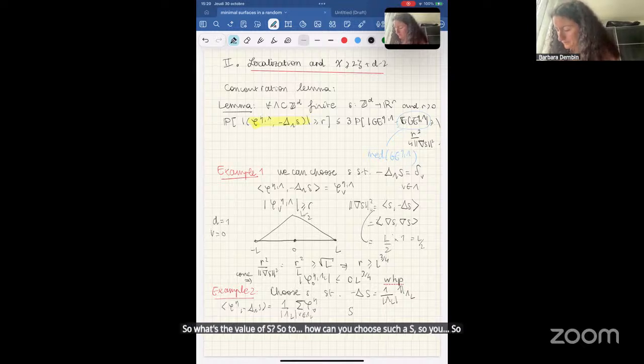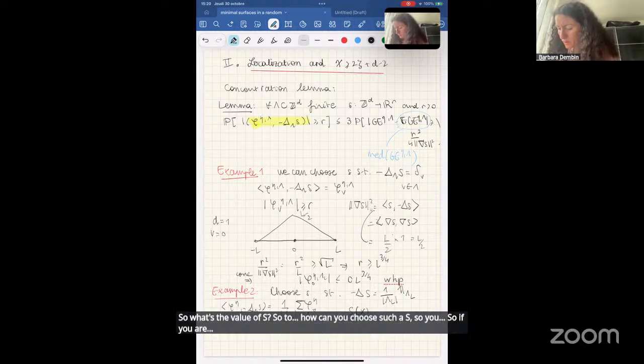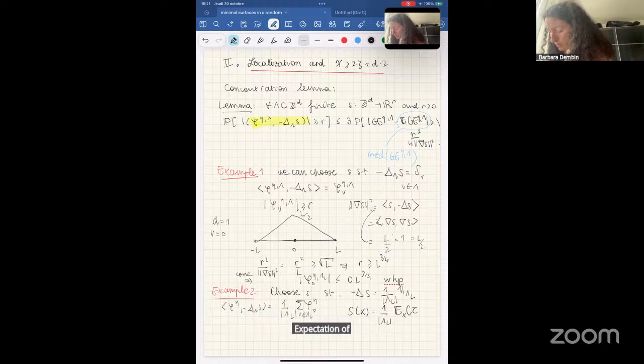If you are a bit familiar with random walk, you can choose S as 1 over lambda L, expectation of X to lambda L, where this is the exit time of a simple random walk starting at X when it exits lambda L.